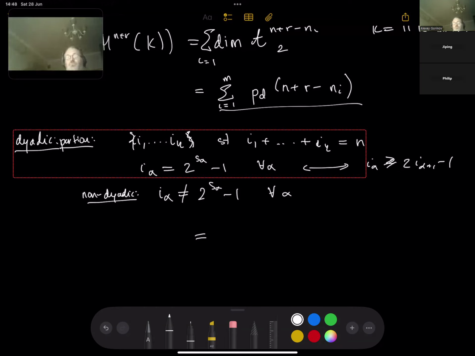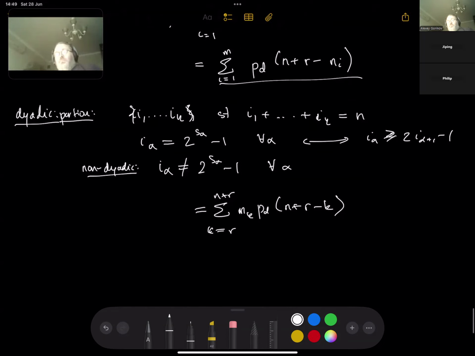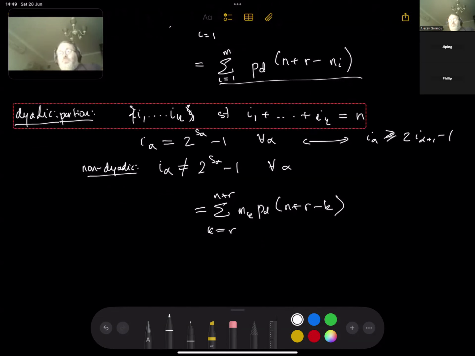So if m_k is the count of the number of times that n_i is equal to k, then we can rewrite this sum as p_d(n plus r minus k), multiplied by the number of times that n_i is equal to k, which is m_k. And this time we sum from k equals r all the way up to n plus r.